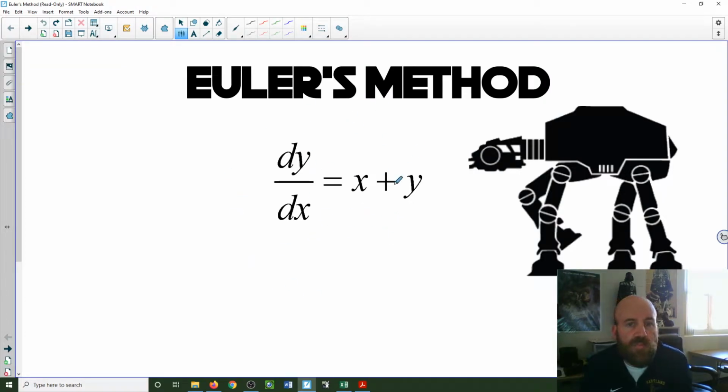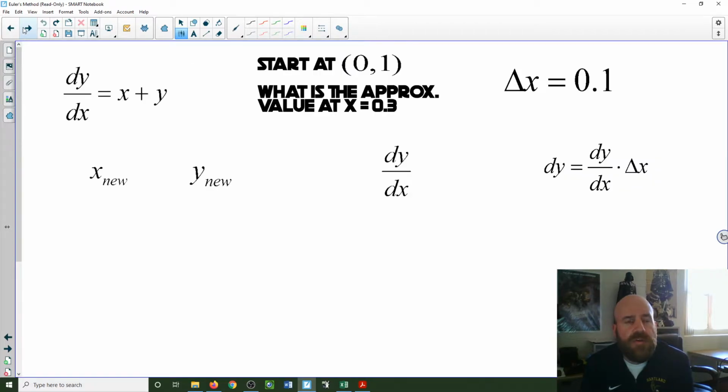So the first problem that we're going to have is the differential x plus y. So let's go ahead and take a look here. If you're given a differential, you have to know a starting point in order to do any Euler's problem or any approximation. You have to have that.